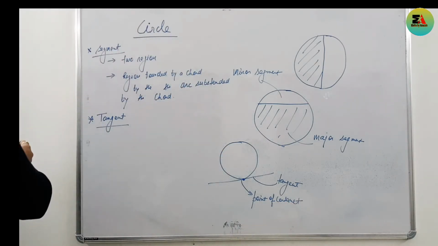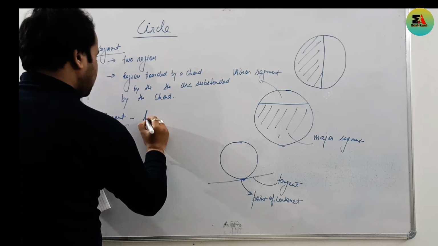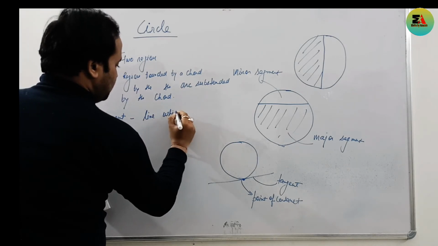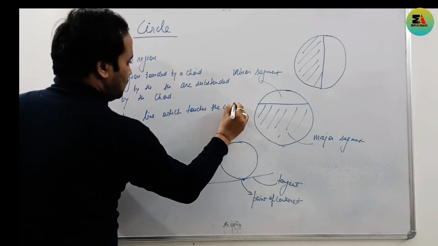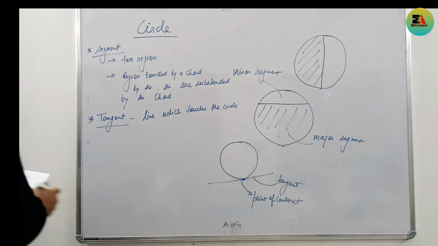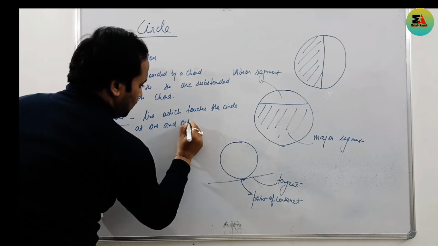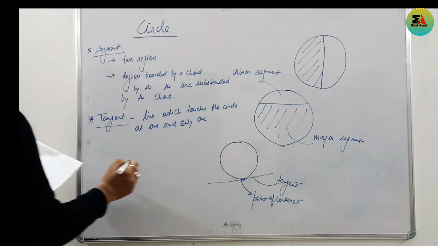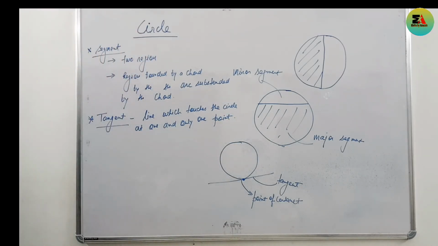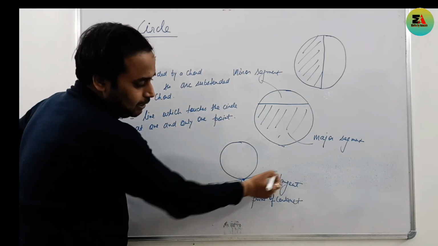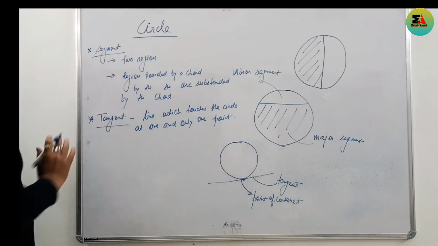A tangent is a line which touches the circle at one and only one point. It is known as a tangent. Tangent is a line which touches the circle at one point. I hope this one is clear to you.